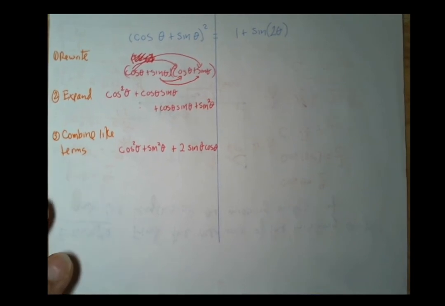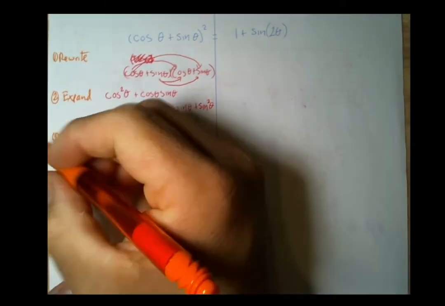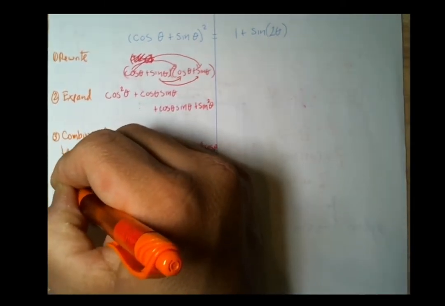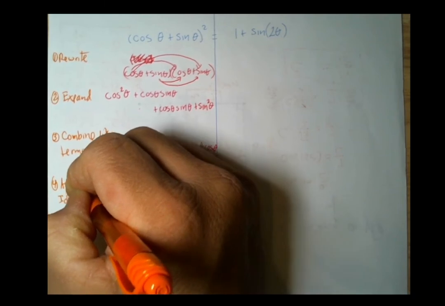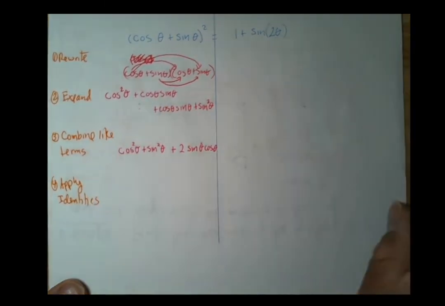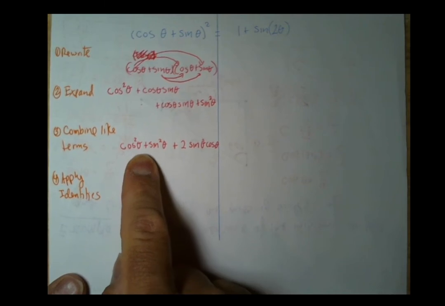And now, at this point, I can apply some identities. Here we see our Pythagorean identity.